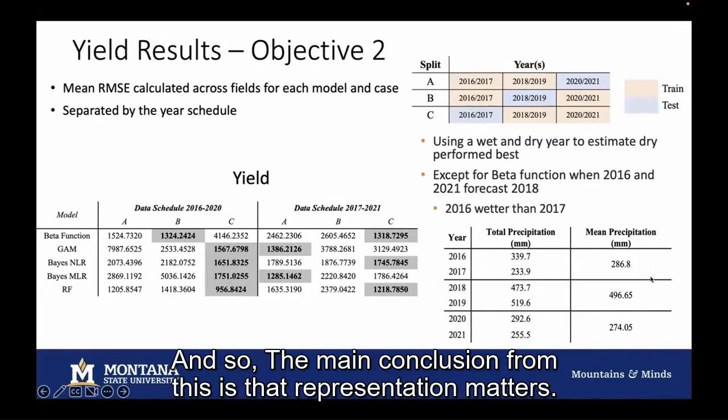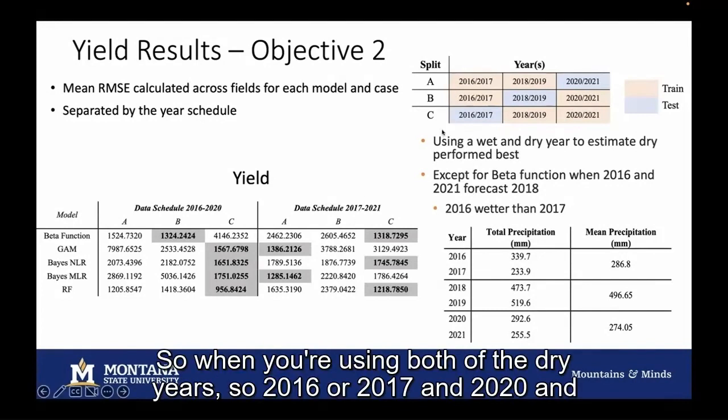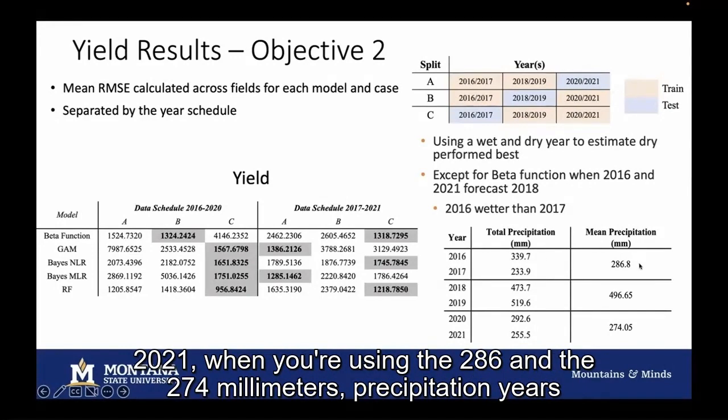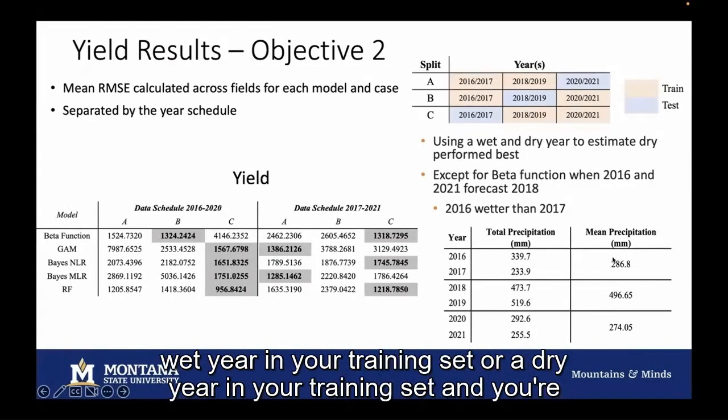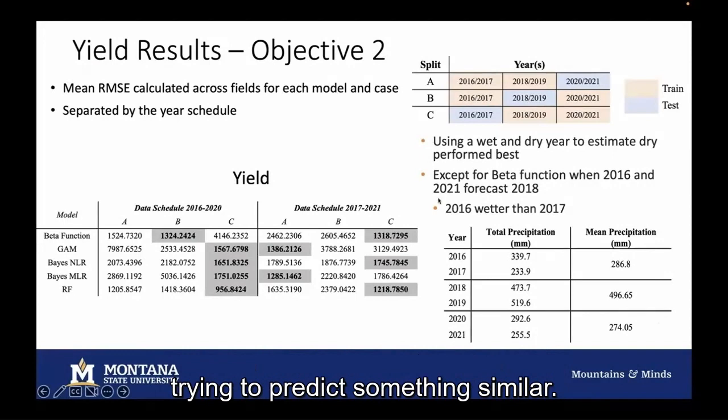And so the main conclusion from this is that representation matters. So when you're using both of the dry years, so 2016 or 2017 and 2020 and 2021, when you're using the 286 and the 274 millimeters precipitation years to predict a wet year, you don't perform as well as if you had a wet year in your training set or a dry year in your training set and you're trying to predict something similar.